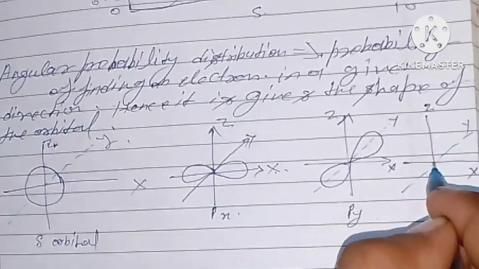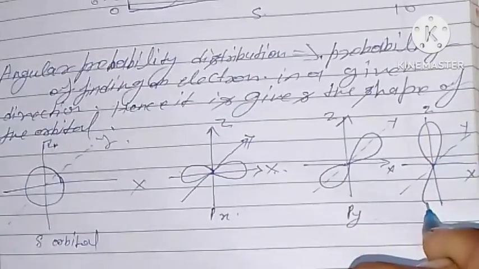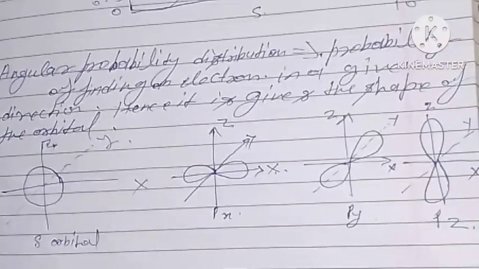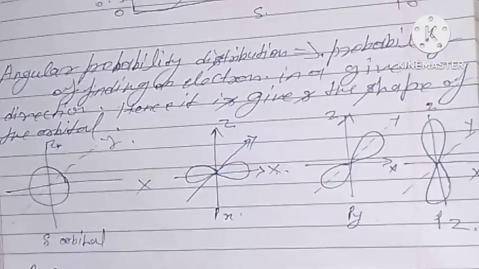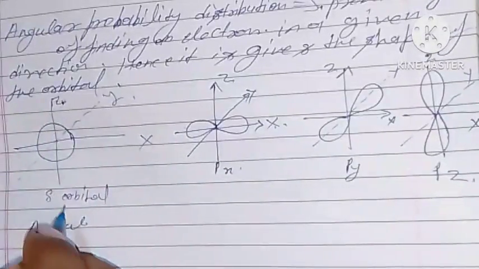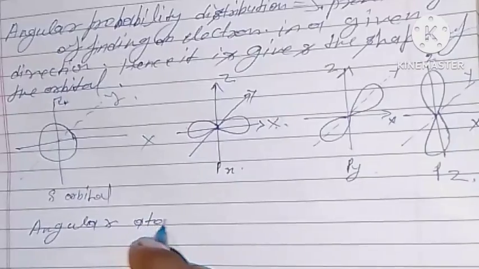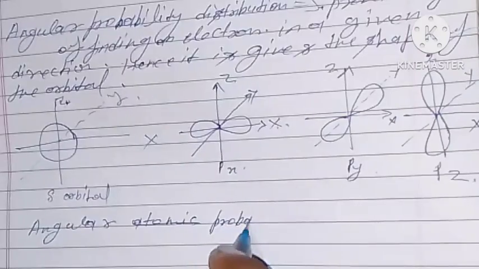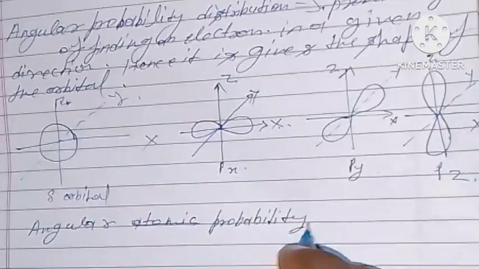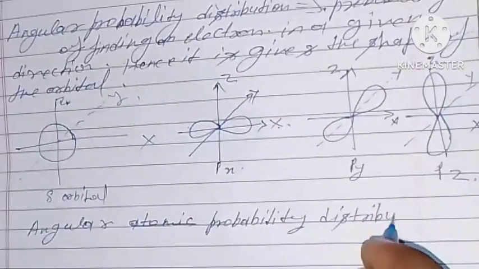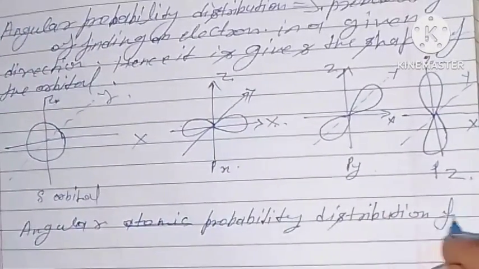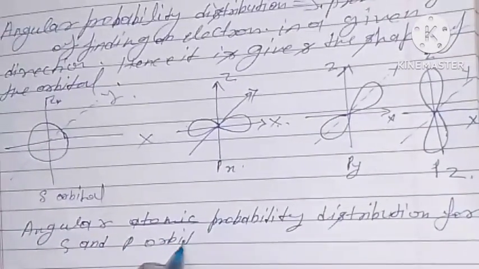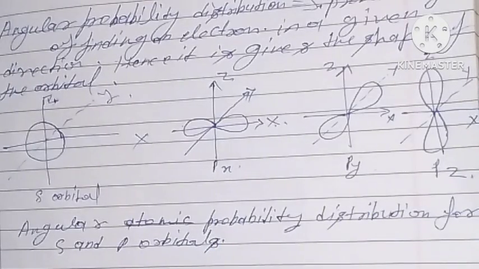The graph is plotted as shown. Angular probability distribution for s and p orbitals.